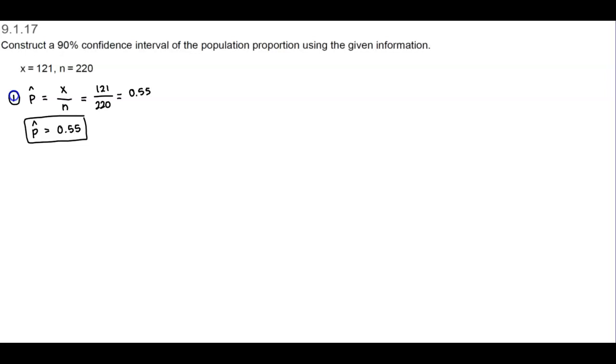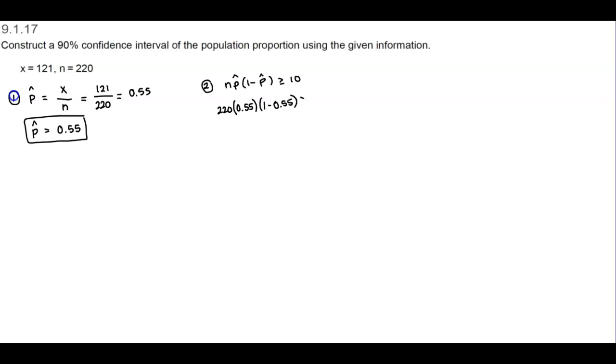Okay, now we need to use the point estimate to confirm that the confidence interval can be found. Recall that n times the point estimate times 1 minus the point estimate must be greater than or equal to 10. We know that n is 220, the point estimate is 0.55, and we take 1 and subtract 0.55.